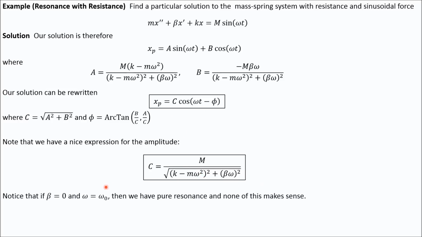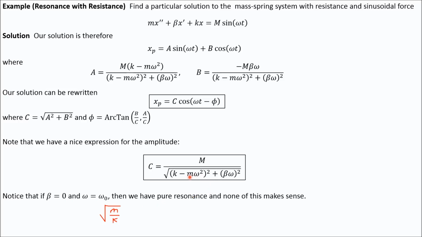And if the resistance were 0 and omega were equal to omega naught, where recall that omega naught, in that case, is the square root of k over m, that's my definition of omega naught in the case of no resistance, then you'd end up with pure resonance.